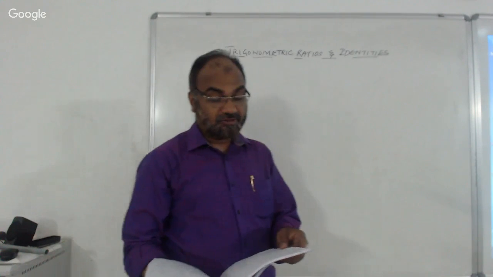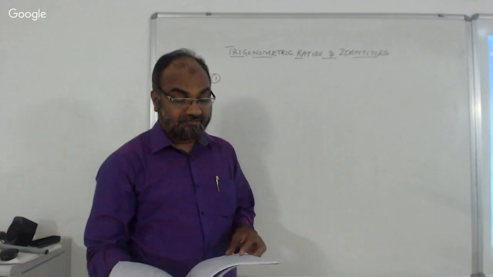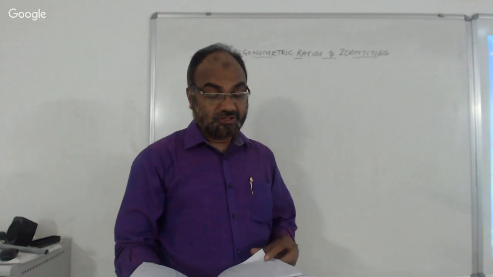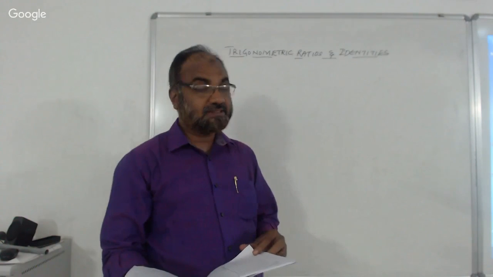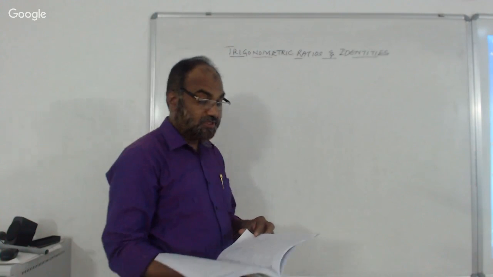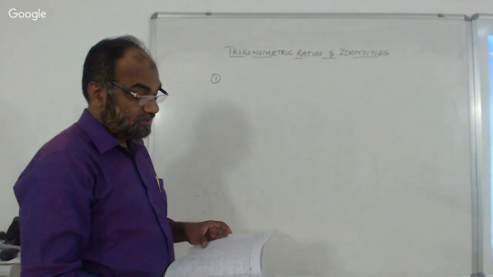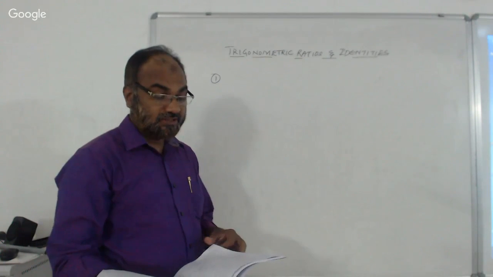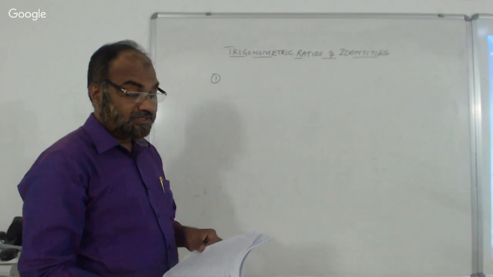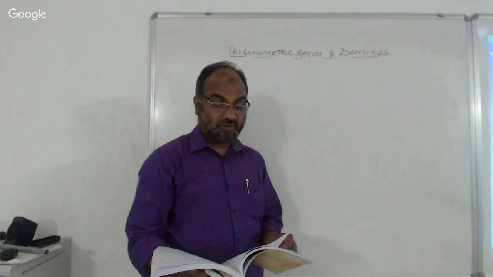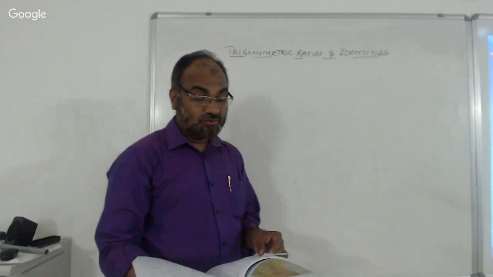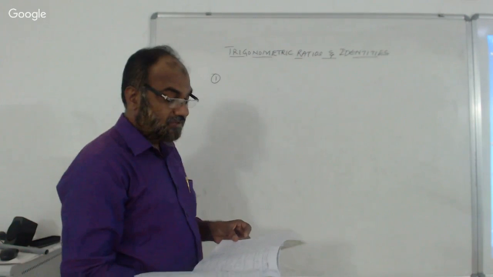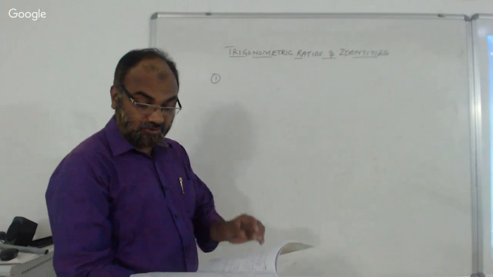That is, alpha plus beta you take as 90 degrees, alpha minus beta is 30. When you solve these two, you get alpha as 60 and beta as 30. After you substitute in tan of alpha plus 2 beta and tan of 2 alpha plus beta, the result is 1. This was one of your homework questions.